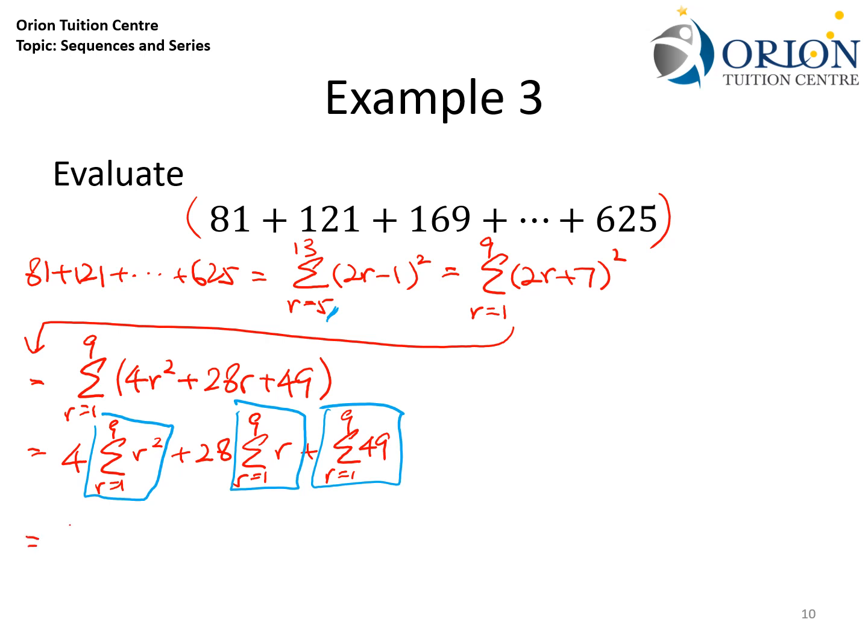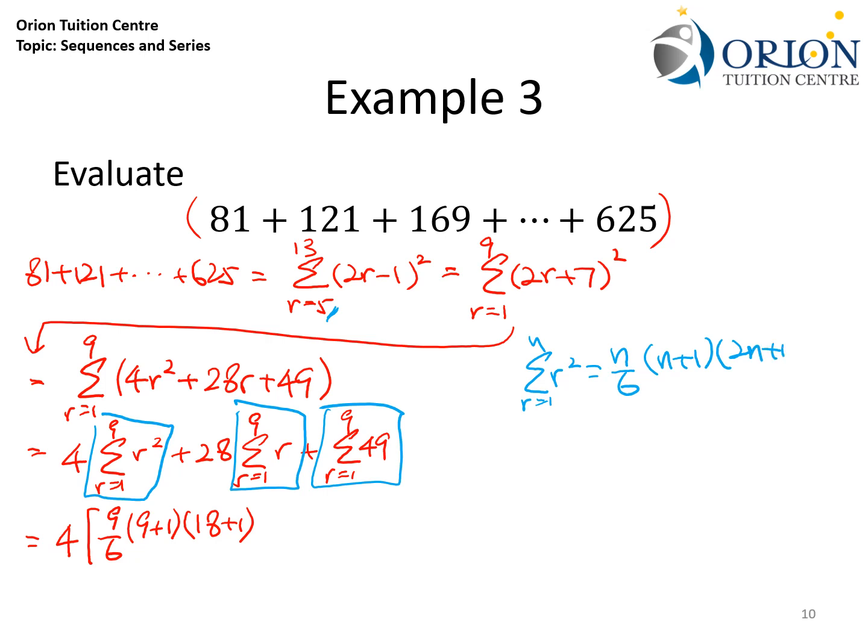The first term becomes 4 multiplied by 9 over 6, 9 plus 1, 18 plus 1, because we have the formula summation of r squared from r equals 1 to n equals n over 6, n plus 1, 2n plus 1.